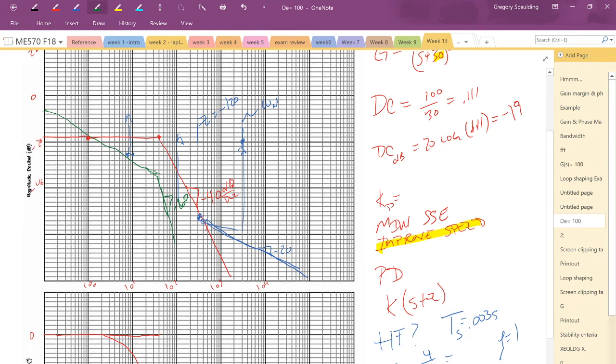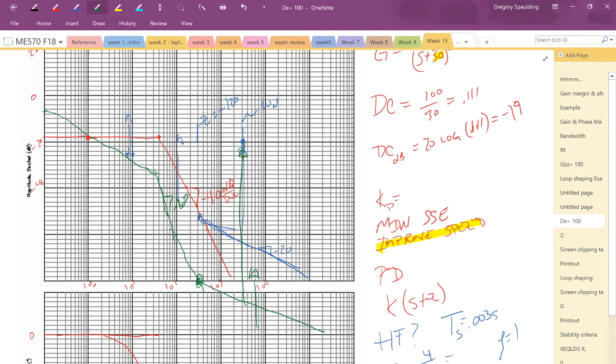But along here at the minus 120, we kick in 2 zeros, and that kicks us back up to a minus 20 dB per decade across here. So then we slide the whole thing up to where we have our zero crossing at our omega n, and we would implement a full PID at that point.